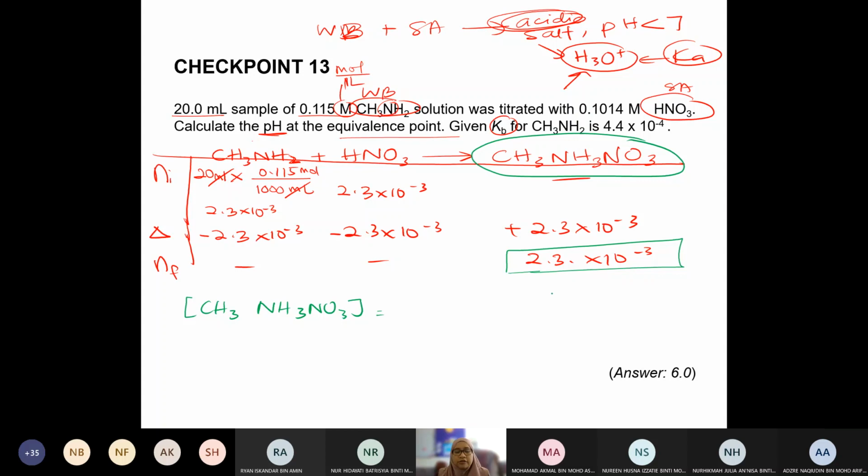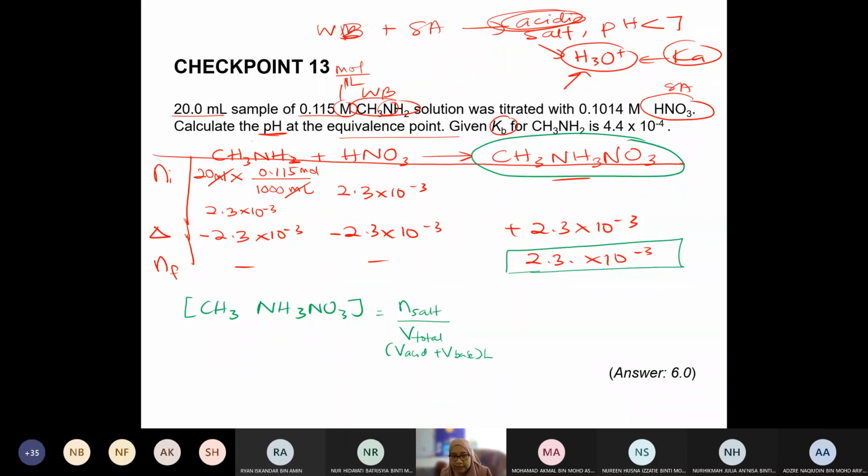Alright, so we have to consider for the total volume. Okay, so to find the concentration of the salt, it will be the mole of the salt yang kita dah cari just now over the V total. Okay, so we know that the V total is equal to V of acid plus V of base, and it should be in liter lah.